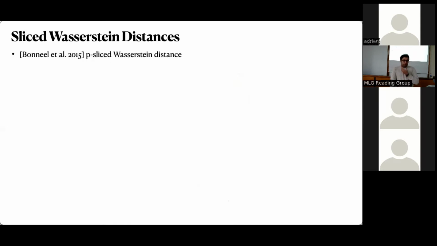So what Bonneel et al. suggested was something called the sliced Wasserstein distance, where they said, we can't really take the Wasserstein distance in this high dimensional space, but what we could do is project the high dimensional distributions mu and nu using a Radon transform and calculate the 1D Wasserstein p distance instead. And then you can take the integral over all possible projections for every single unit vector that you can sample in this unit hypersphere, right?